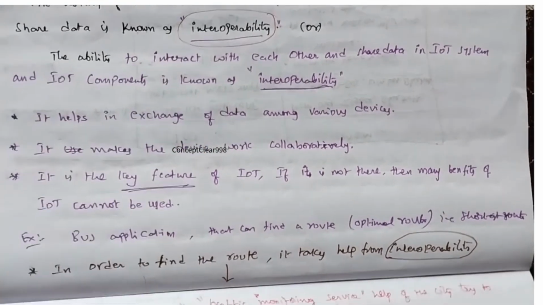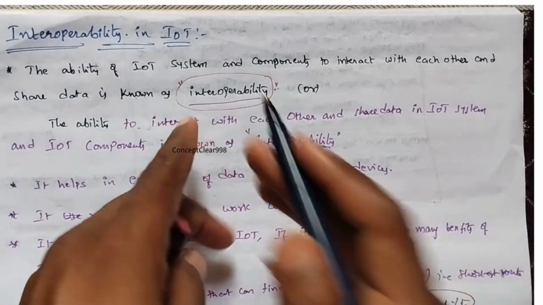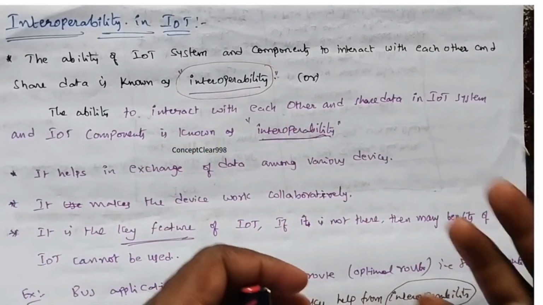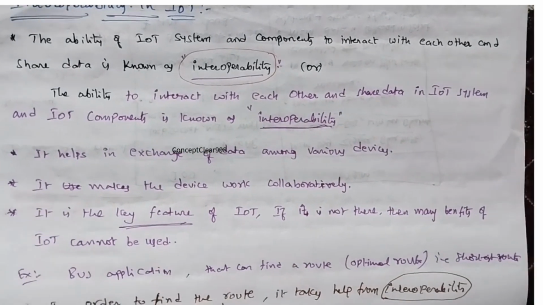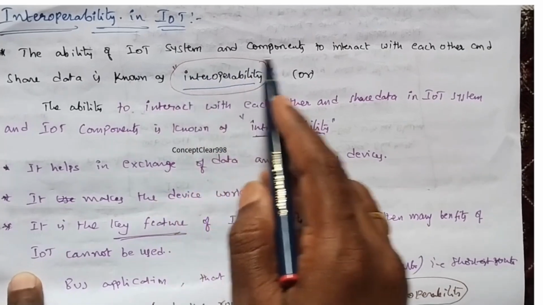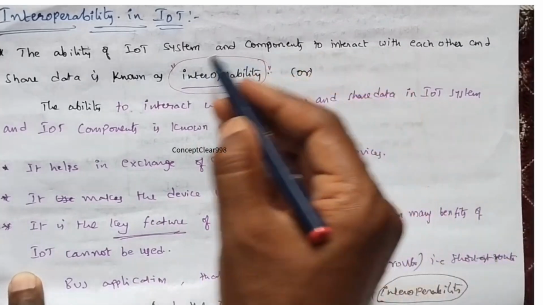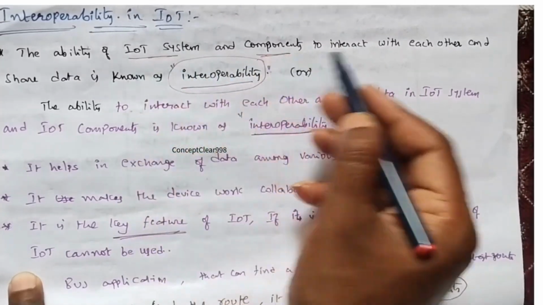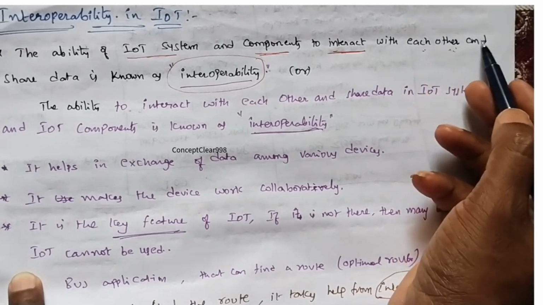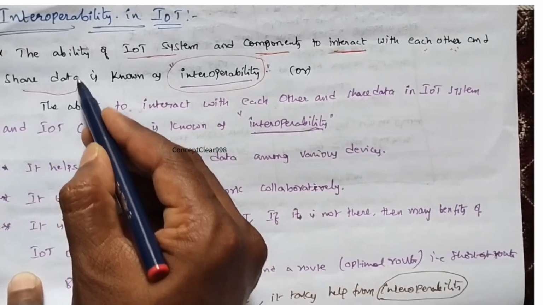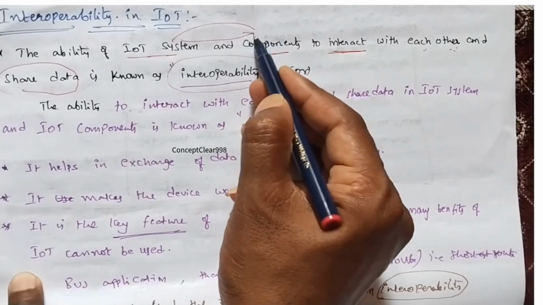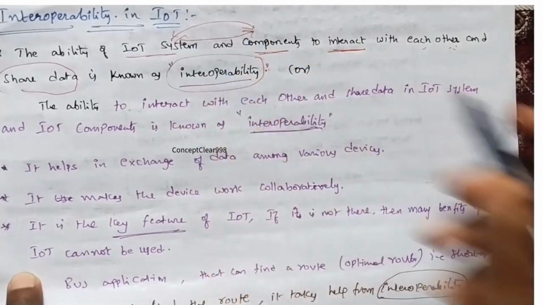As the name suggests, between two things, how the operation will be performed, that is called interoperability. How the IoT system and components interact with each other and how data is shared between them, that is called interoperability.